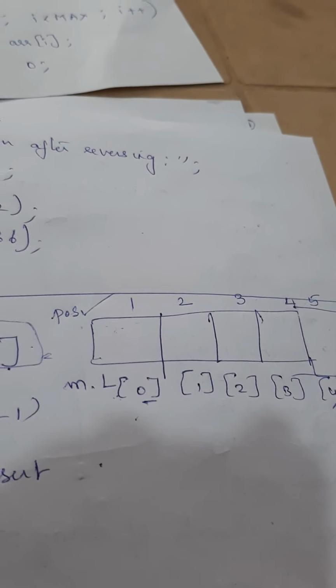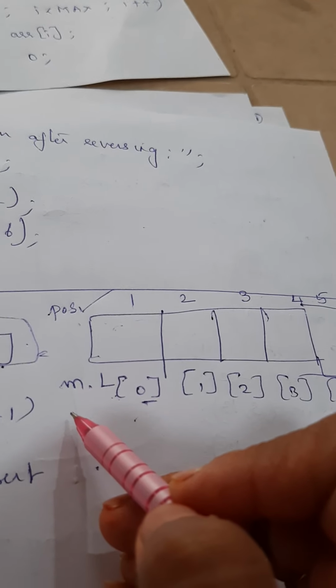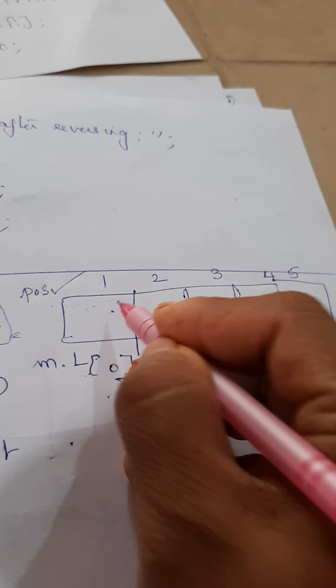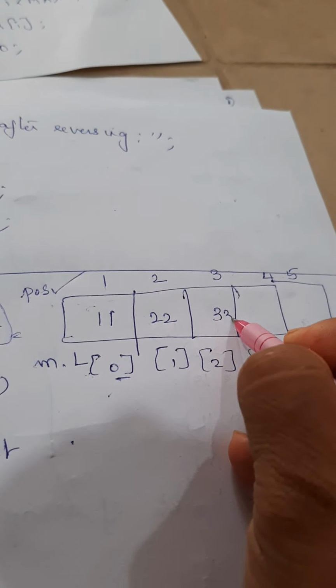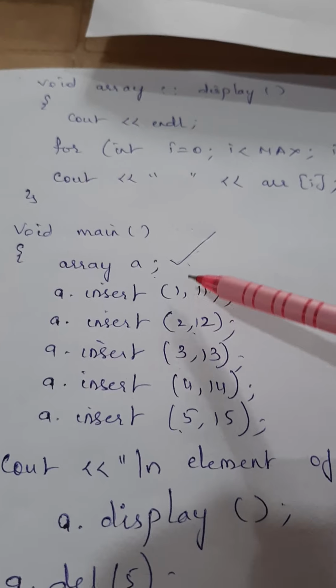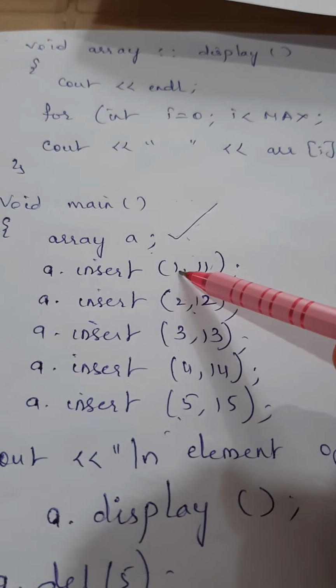So what is happening? When array of 0 is equal to whatever position you want, that is the first position, you will insert 11 here, then 22, then 33, then 44, then 55. We are calling 5 insert functions for inserting the values in these positions.